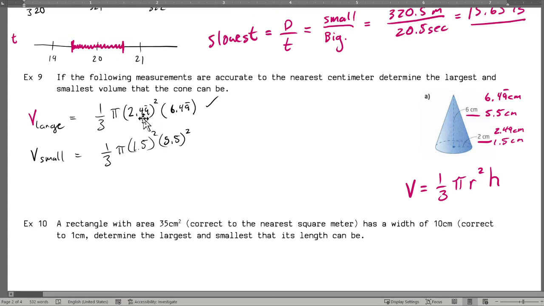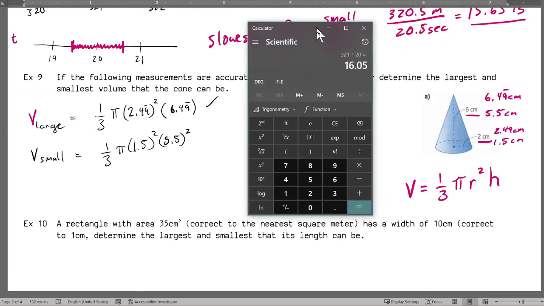Now, I'm not going to calculate these. Well, I'll calculate the first one, I guess. Do I have a pi button? I sure do. Cool. So I'll just divide everything by 3 at the end to get a 1/3. So it's pi times 2.49, but I'll just write a 5 because 49 repeating, 99999 is effectively 0.25.